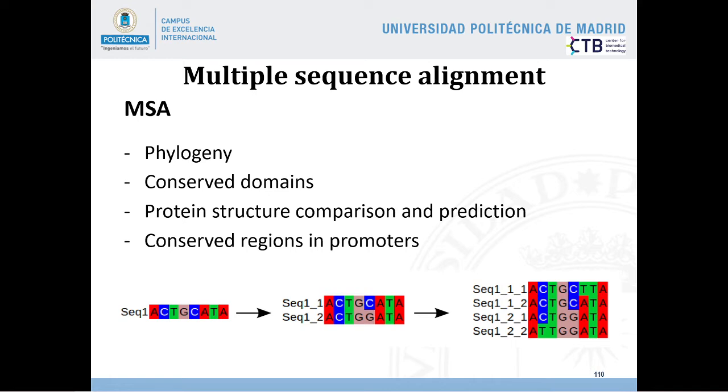So the multiple sequence alignment assumes that the sequences are homologous. We are going to align sequences that we already know are homologous, or because we assume it.